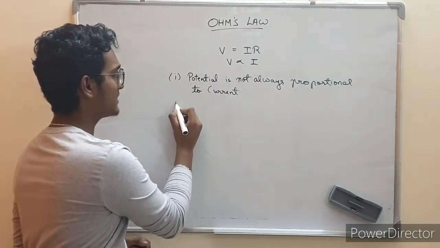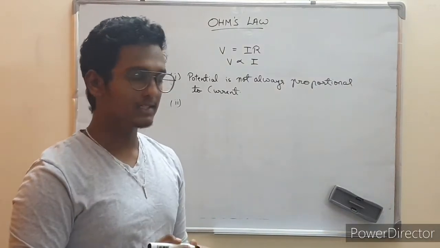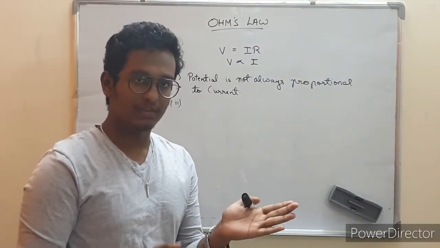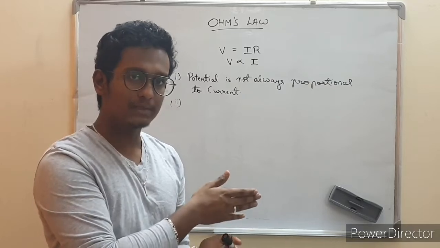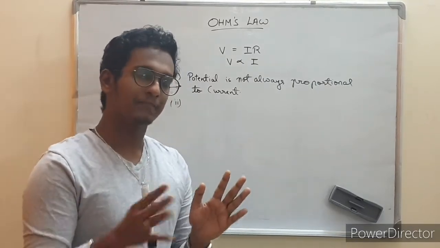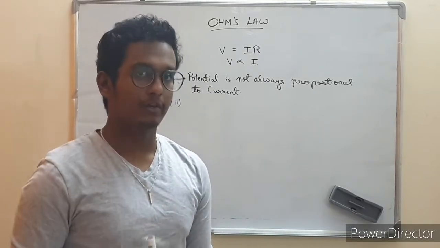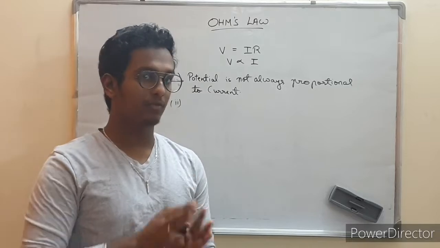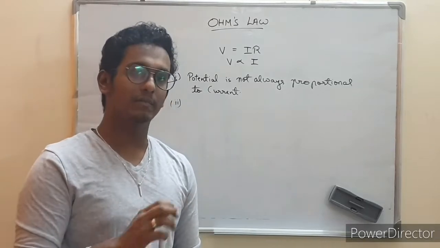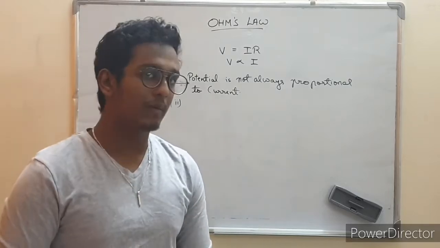The second case is when you change the polarity of the potential. Let's say the positive side of the battery is connected to the left end of a device and the negative side to the right end. You have a certain amount of current flowing. But if you reverse the polarity, the same amount of current might not flow. It's not a guarantee that it won't flow, but in most cases it won't be the same amount of current.